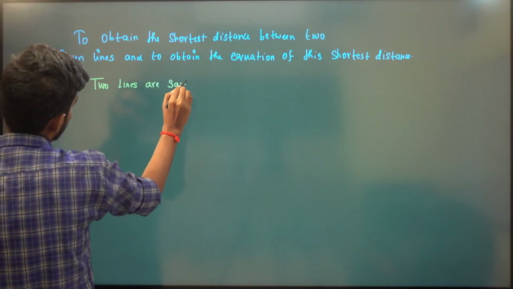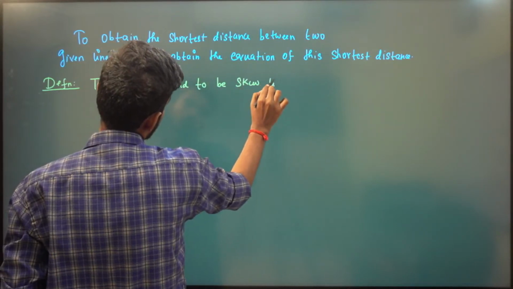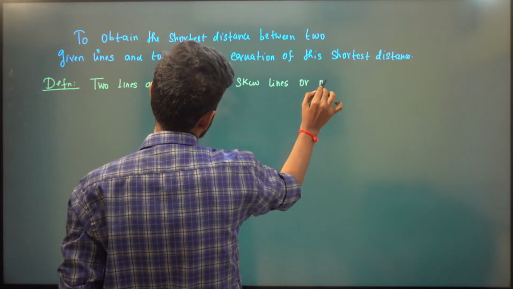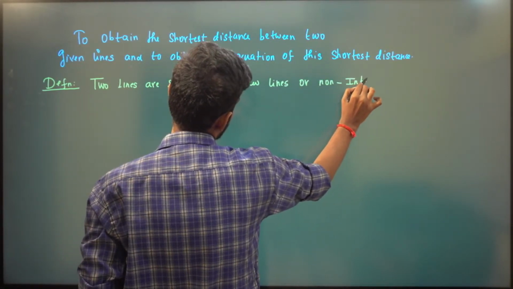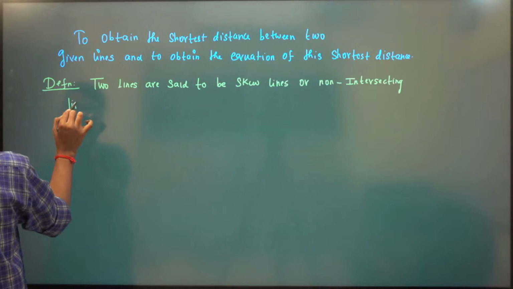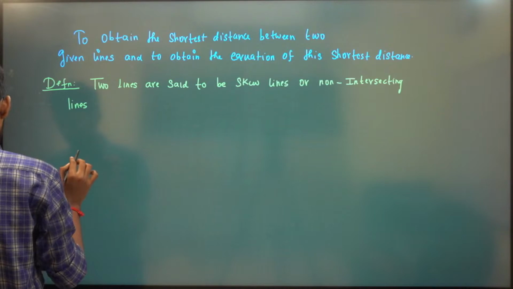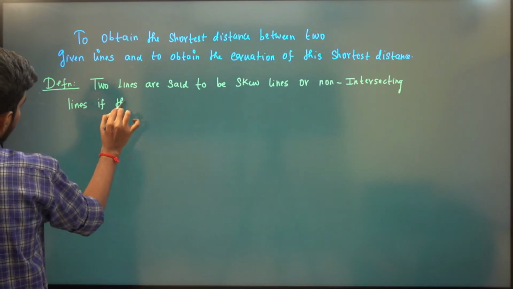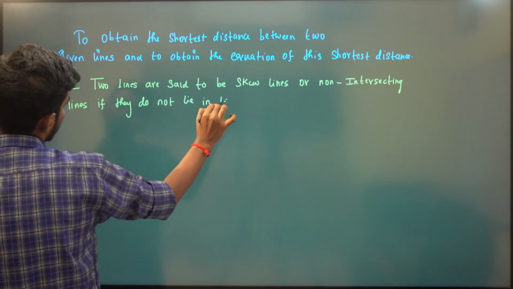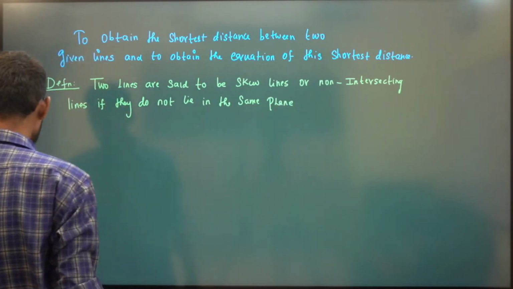Two lines are said to be skew lines, or non-intersecting lines, if they do not lie in the same plane, right?